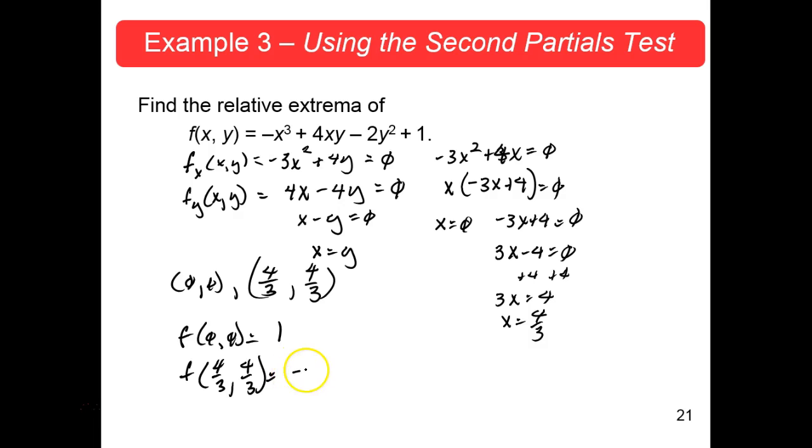That would be a minus 4 cubed, which is 64, over 27, plus 4 times 16, and 4 times 16 is 64, over 9, I believe it is.